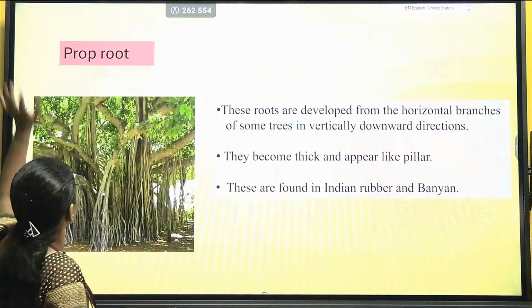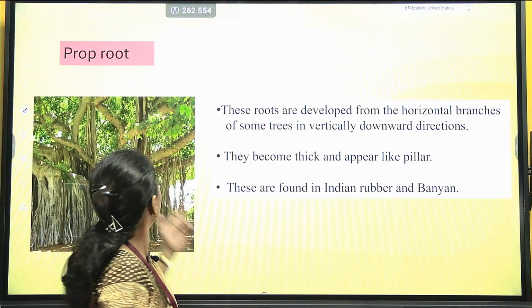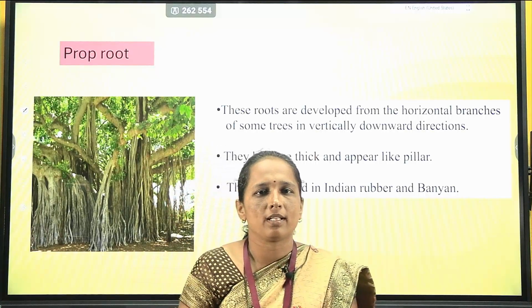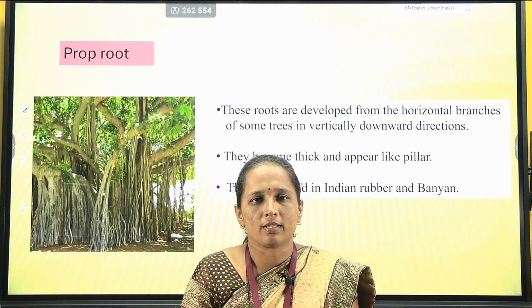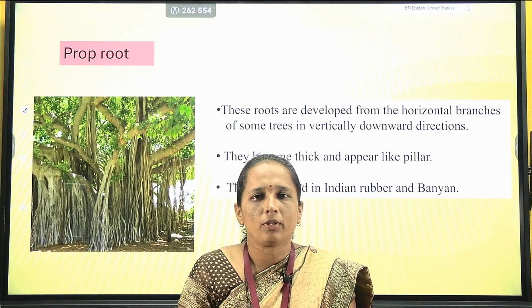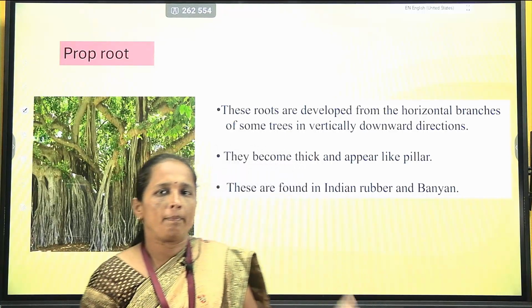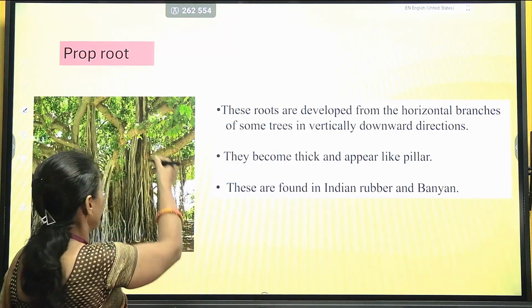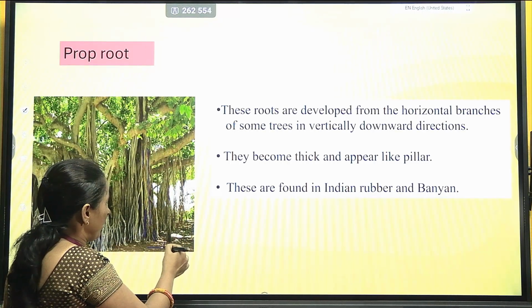Next one. These are the mechanical functions of the plant, that is prop root. In the ficus plant, adventitious roots are produced. These adventitious roots poorly anchor the plant. So from the aerial stem, adventitious roots are produced and they penetrate into the soil.